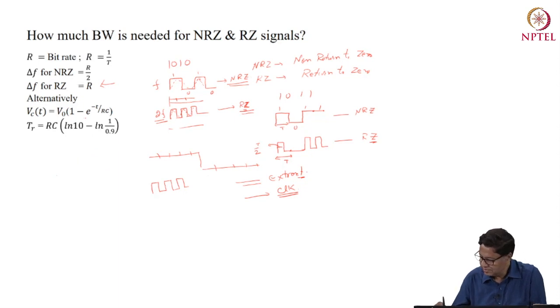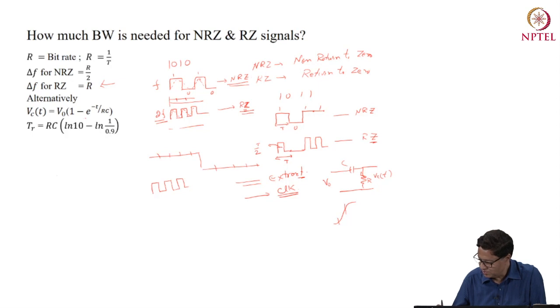So this is the RC equivalent circuit of, say, the receiver, and this is V0, this is VC(t), this is C, this is R, and this is my T10% point and this is my T90% point.